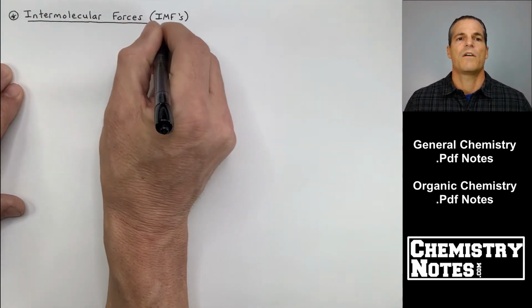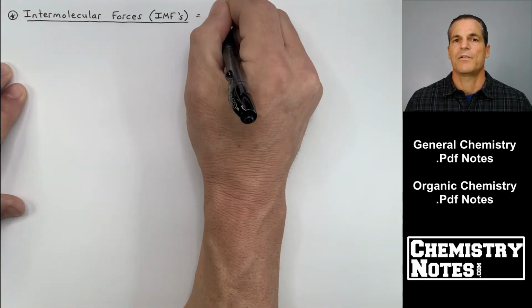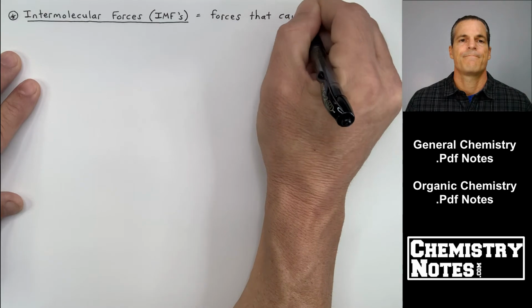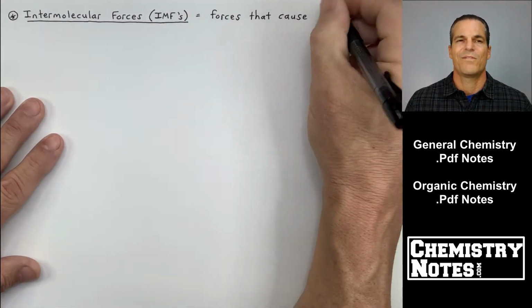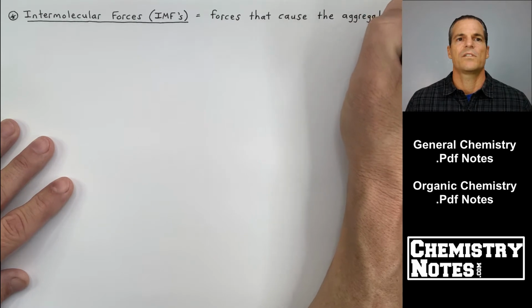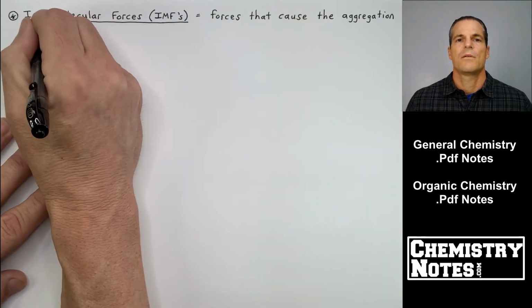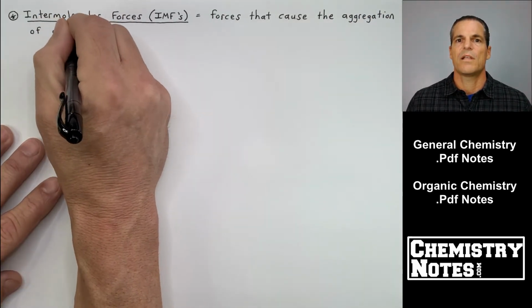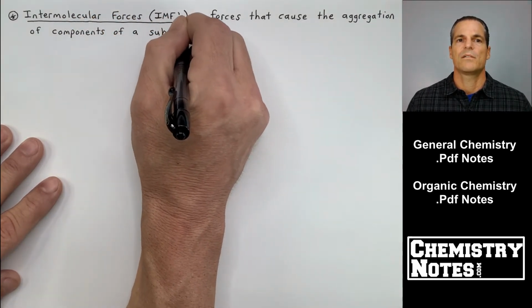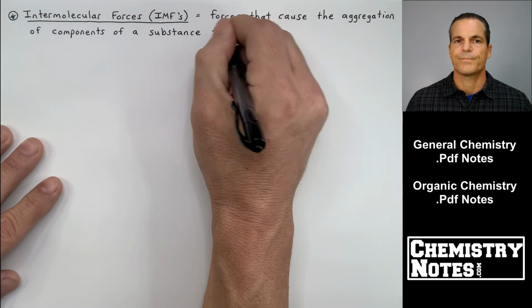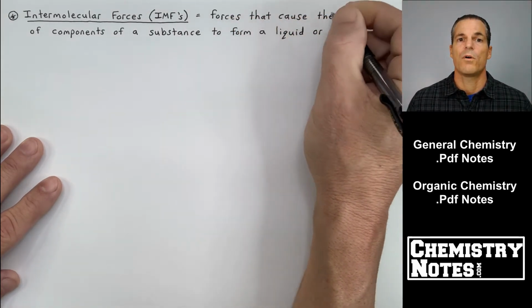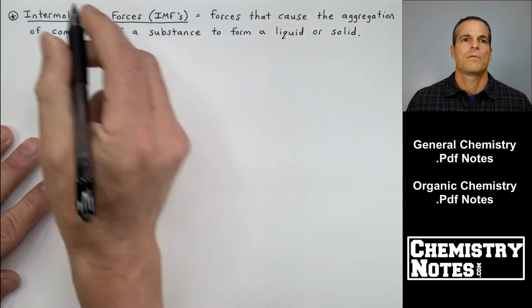Intermolecular forces are often abbreviated with the 3 capital letters IMF. The definition: intermolecular forces, or IMFs, are forces that cause the aggregation of components of a substance, atoms or molecules, to form a liquid or solid.